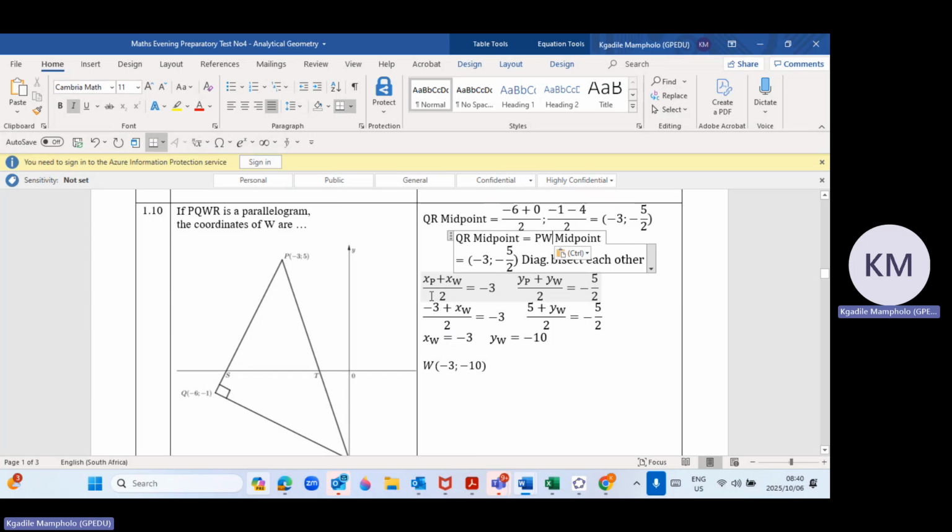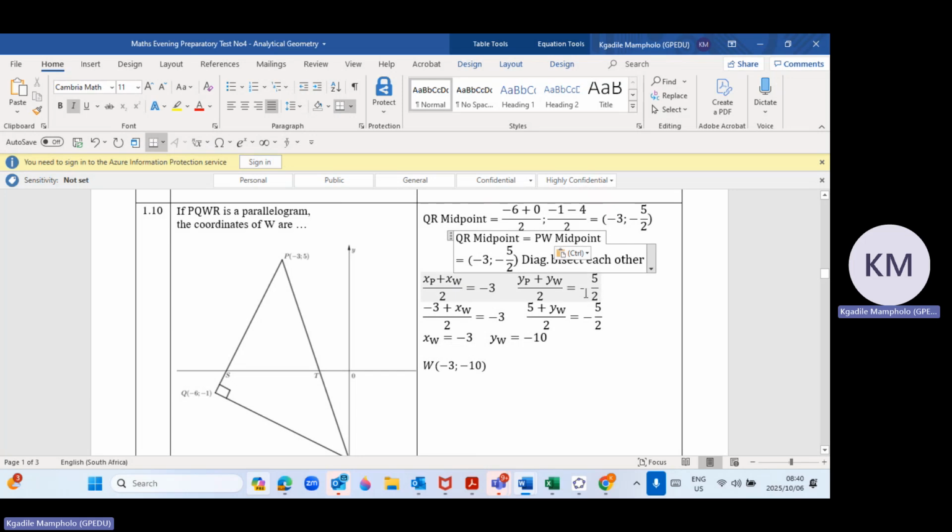So therefore the x midpoint of QR is minus 3, then x midpoint is x of p plus x of w over 2, then x of p is known, is minus 3, x of w then over 2 is equal to minus 3, then you cross multiply to get minus 6, then you take minus 3 to the other side. It will be minus 6 plus 3, which is minus 3. Same story with y.